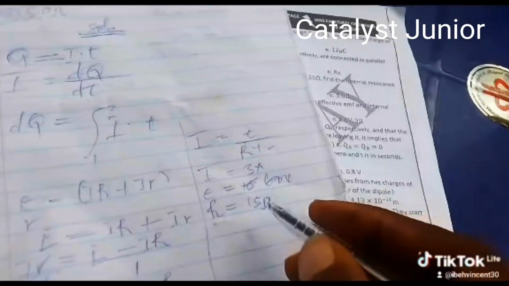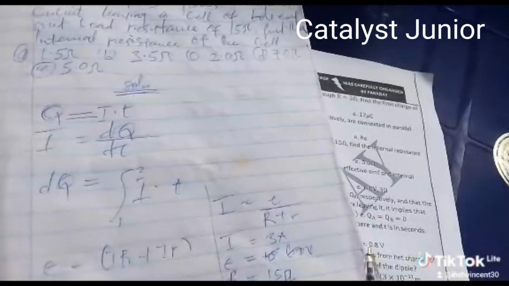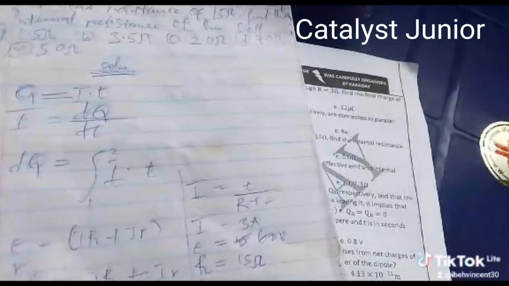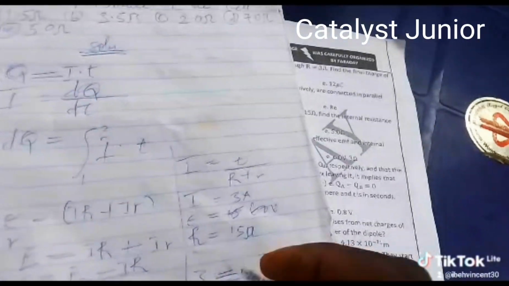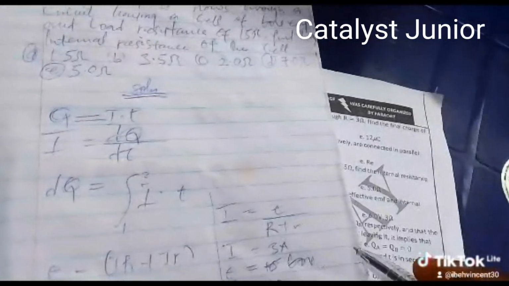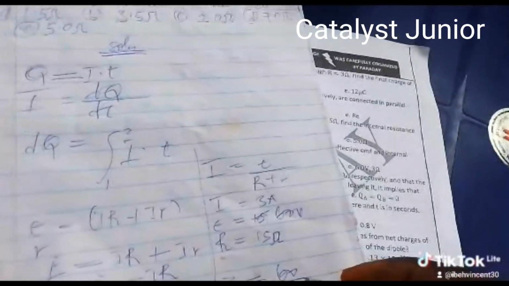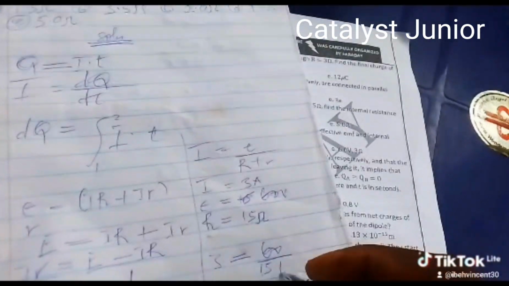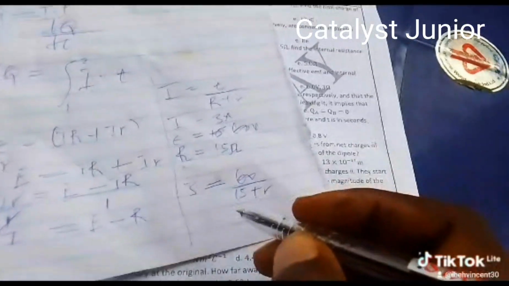Then I can proceed by saying that our current, which is 3 ampere, is equal to our EMF, which is 60 volts, all over the external resistor, which is 15, plus the internal resistor r.